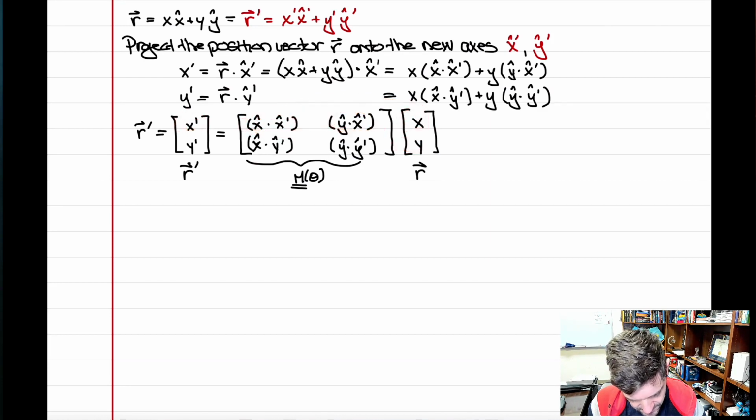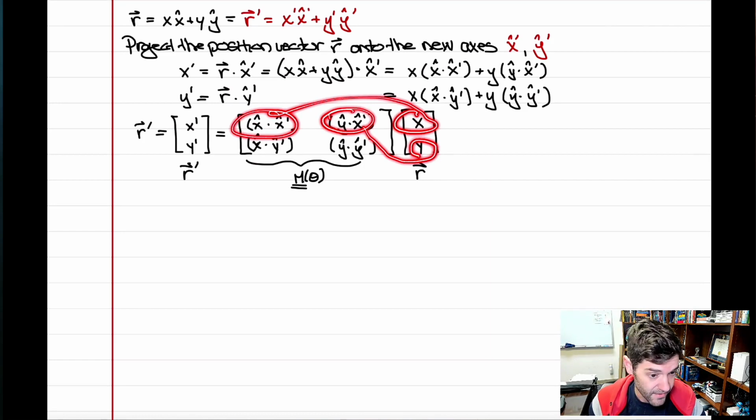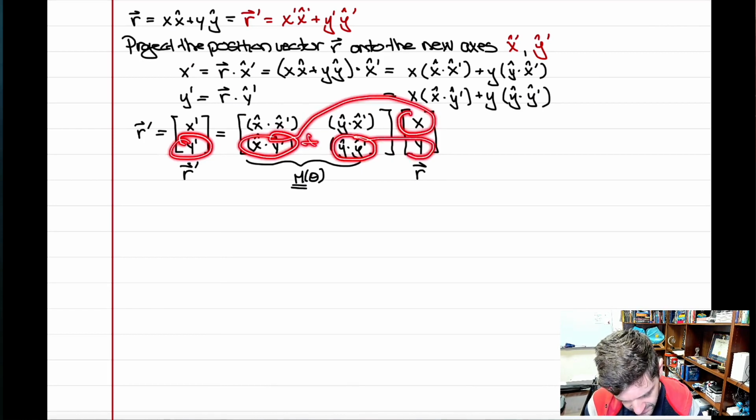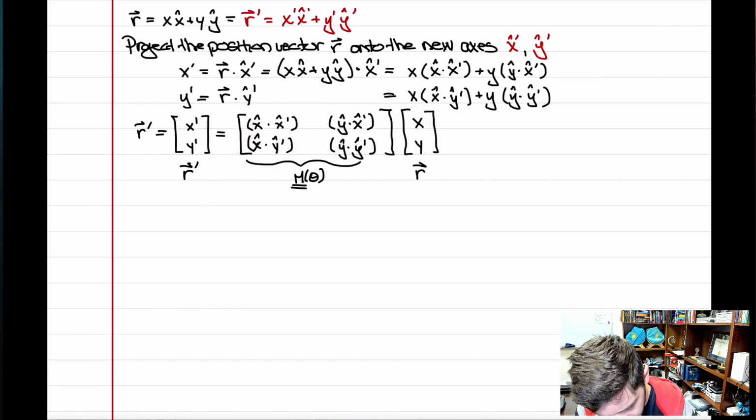So I took the top row and then went down the column vector of this times this, then add to it this times this. And then y dash looks like it's this multiplied by x, then I add to it this multiplied by y. So they themselves kind of look like dot products.